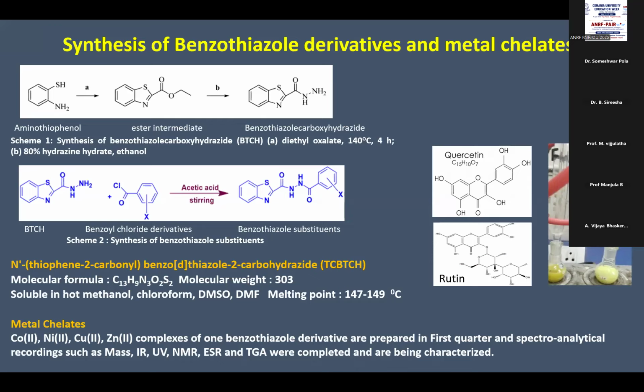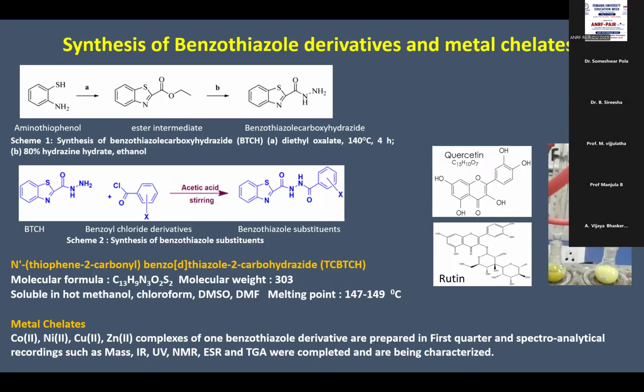The reaction mixture is then poured into HCl, water and ethanol mixture, and on stirring, the ester separates out. It is then mixed with hydrazine hydrate, and on stirring for 10 minutes, the yellowish compound benzothiazole 2-carbohydrazide separates. This will be our intermediate compound.